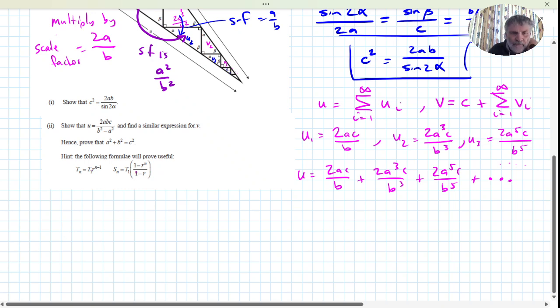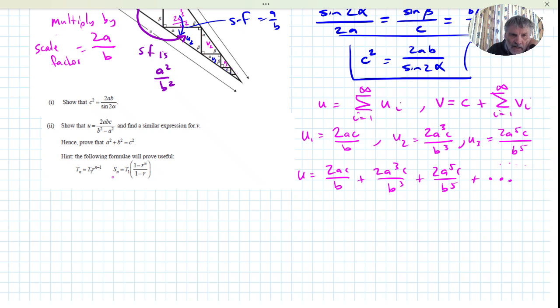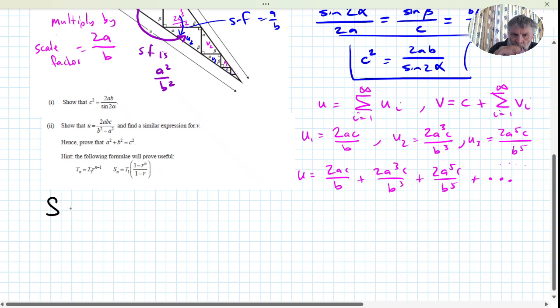And the hint is basically telling us about the sums of these things. This is a finite sum, but the general form for an infinite sum of a geometric sequence is the first term divided by 1 minus the ratio. That's the sum to infinity.